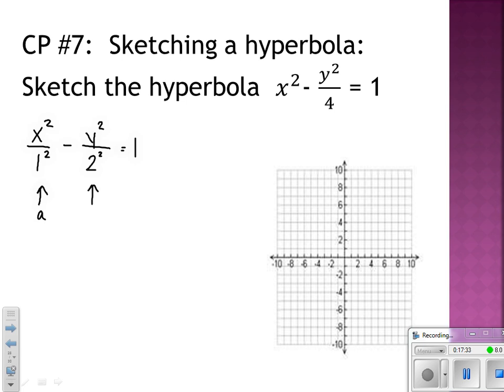The second one is always the b. So now if I'm coming up with my asymptotes, a is 1, b is 2. For this one, let's see. We had x squared first, y squared second. So off of our table, we have a transverse axis that is horizontal.